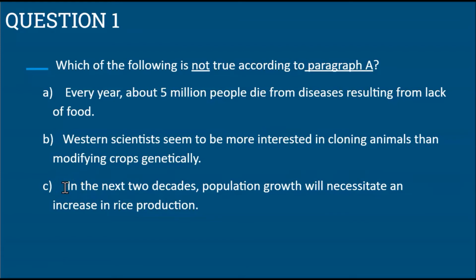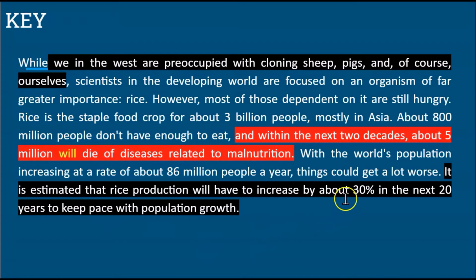It says in the next 2 decades, population growth will make it compulsory for an increase in rice production. As you can see, the paragraph also said that they expect a 30% increase in rice production. So this is also correct. Now we can continue with question 2.